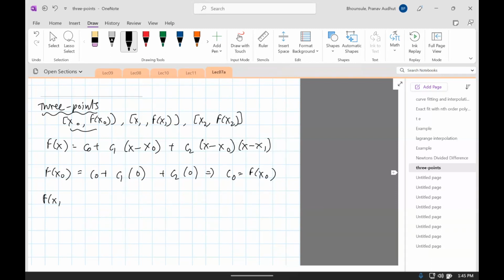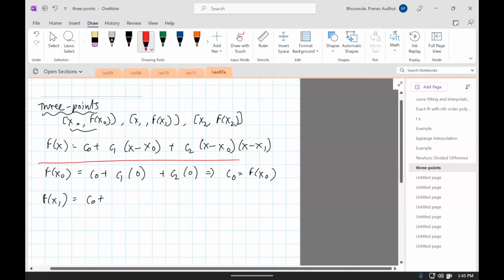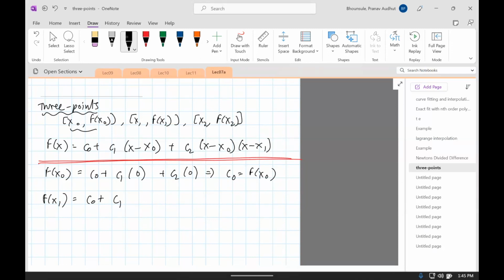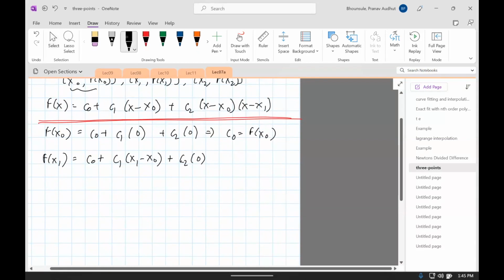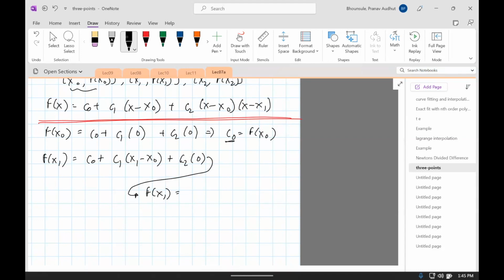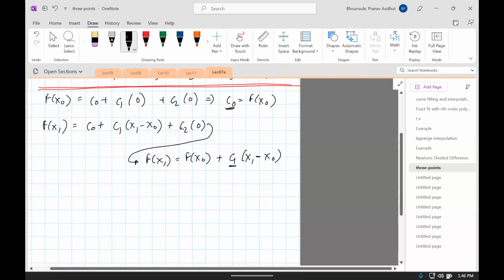Next, f of x1 is c0 plus c1 times x1 minus x0 plus c2 times 0, because when you put x equals x1, that term cancels off. So I can sub in the value for c0. It is f of x0 plus c1 times x1 minus x0, which means we can solve for c1.